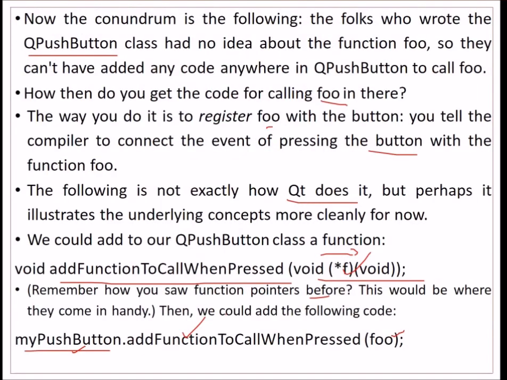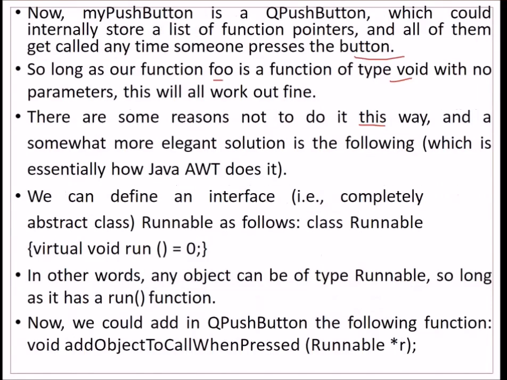This is a good idea, but I'll show you how we do it in Qt. We define an interface, which is a completely abstract class, with only virtual functions equal to 0 inside it, and we call it Runnable as follows.